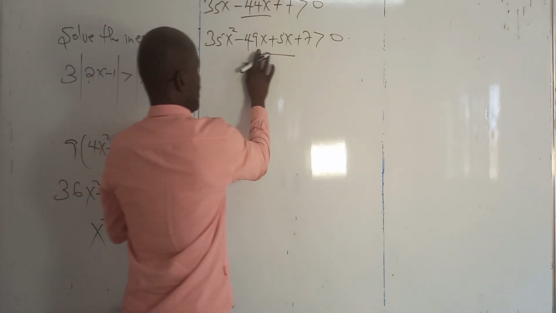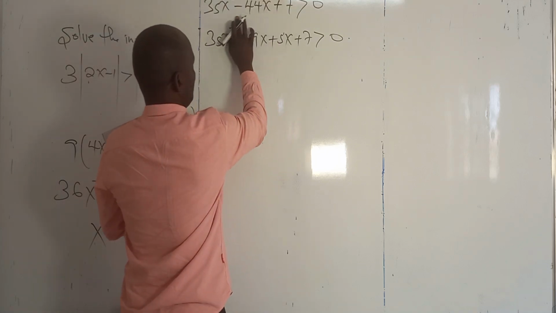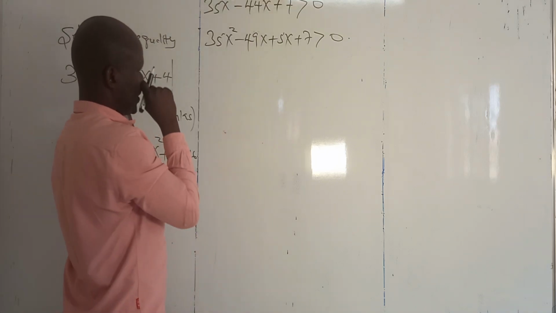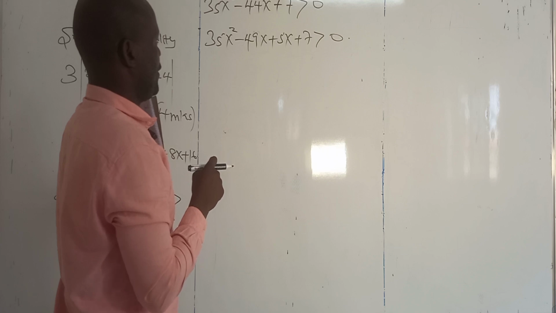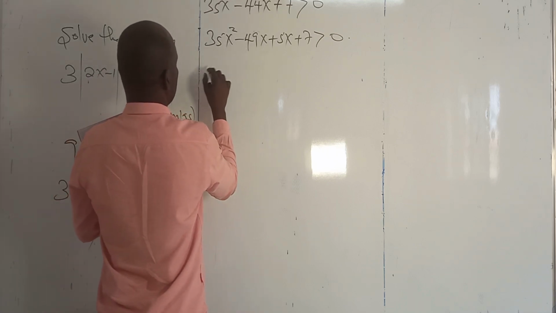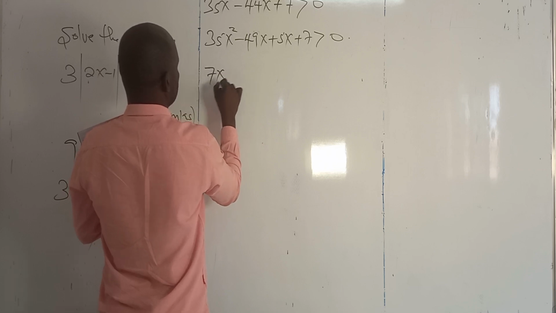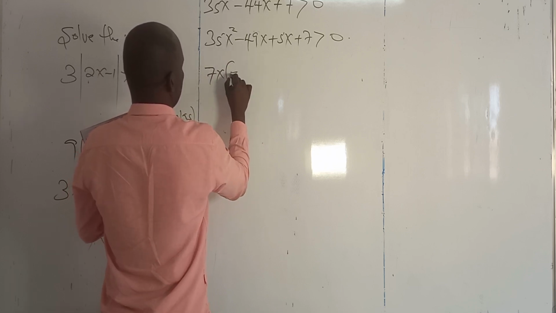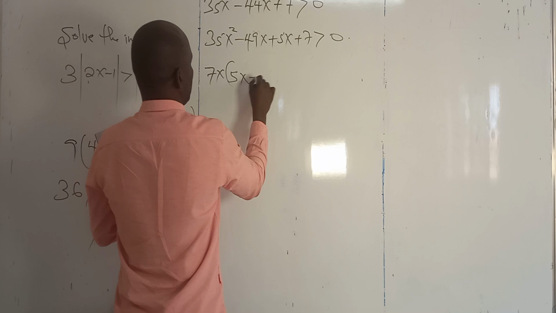I've just rewritten it without losing the meaning. And I can then factorize. So here 7 can go into both, so I can say 7x outside, and then I have 5x minus 7.